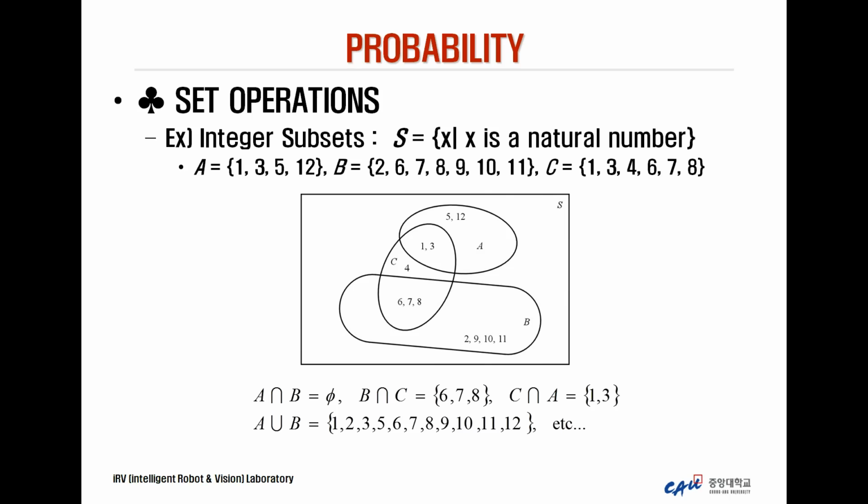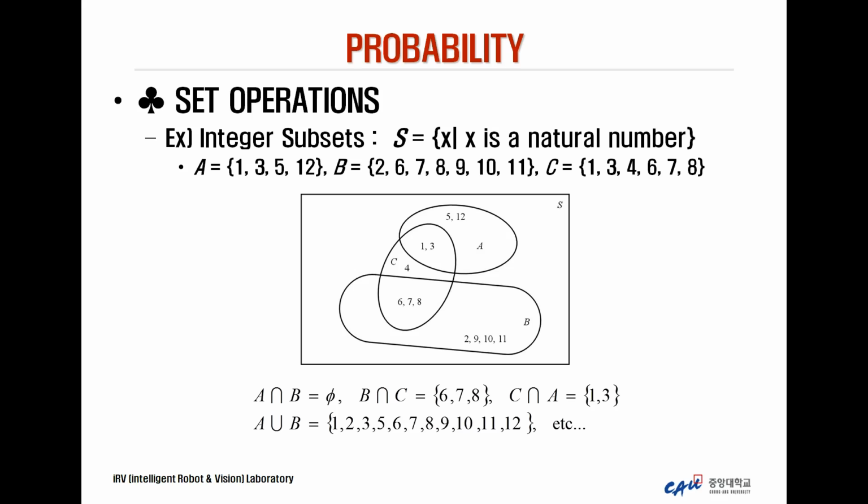With a Venn diagram in the universal set S, we have 3 sets, A, B, and C. C is overlapping with A and B, but A and B are mutually exclusive.